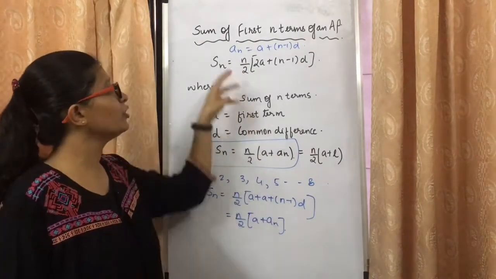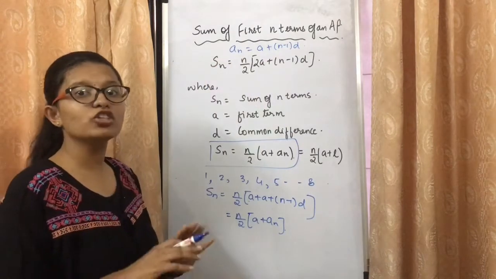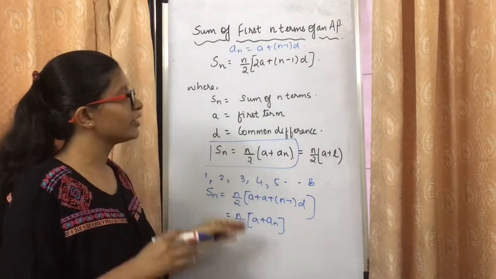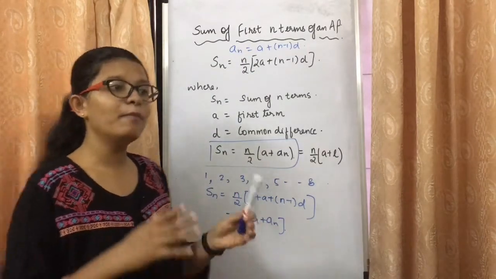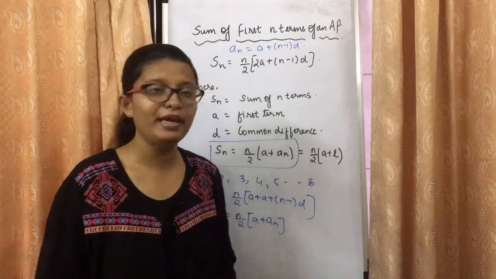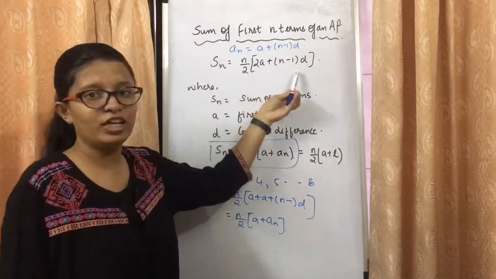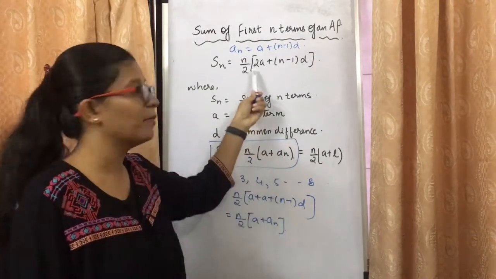So basically we have to remember these two formulas, with which our whole solution gets solved. So I think the basic requirement to solve the sum of first n terms of an AP is this formula, which is very short, and this is again the shortened form of the above formula.